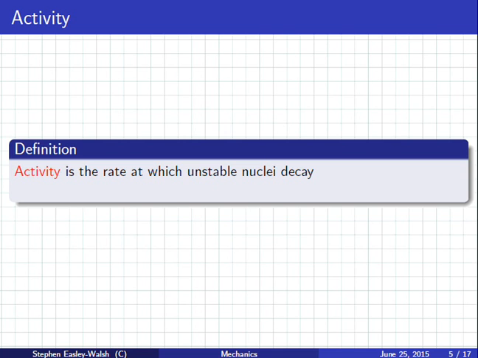Can anybody give me other words for decay? Other synonyms for decay? To mean for something to go away, disappear. Well, disappear, yes, that's true. Something else, maybe?